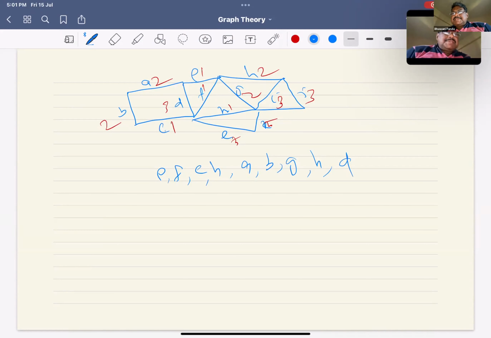Acha, E, F, C, H. Look, E, F, C, and H. Right, this is 1. Yeah, A, B, G. Okay, H is not. This is H or what? No. A, B, C, D, F, G, H, I, J, K, L, M. This is M, right?